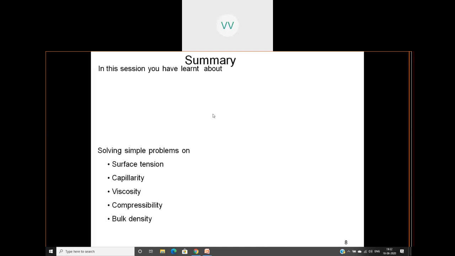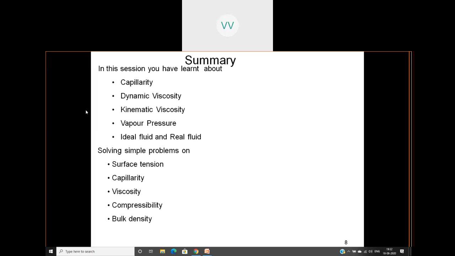Now, coming to the closure of the properties of liquid, the first unit. In this session, we have learnt about capillarity, dynamic viscosity, kinematic viscosity, and vapor pressure, and problems.